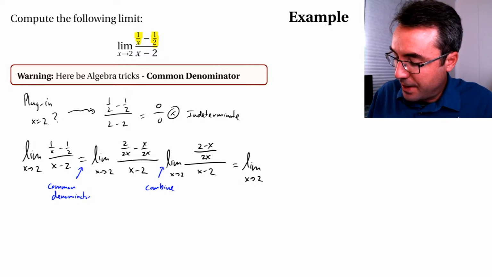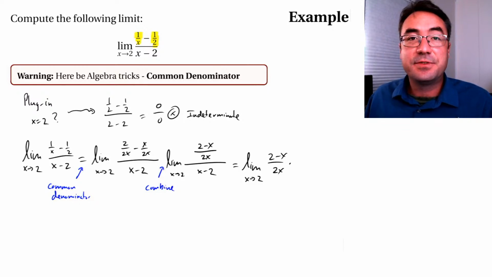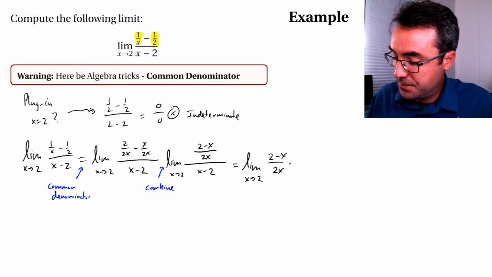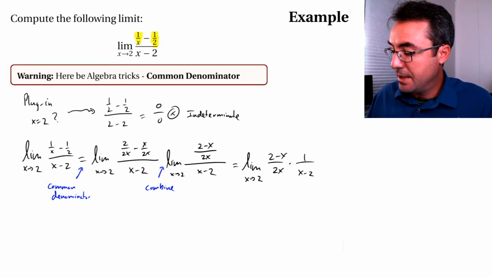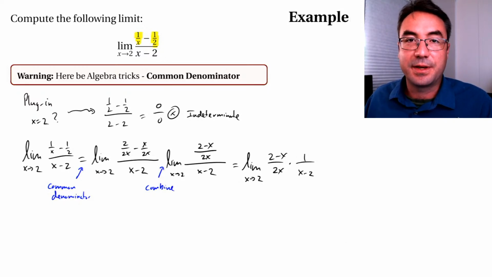So we'll take the top fraction, the 2 minus x over 2x, and then instead of dividing that by x minus 2, we're just going to multiply by the reciprocal of x minus 2. So we'll multiply by 1 over x minus 2. It's not absolutely necessary, but visually it looks a little nicer to me.